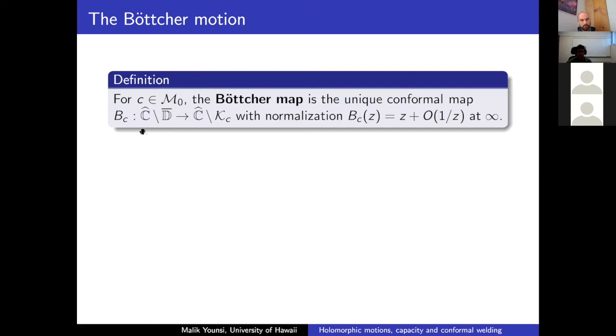And then there is a conformal map from the outside of the closed unit disk to the exterior of the Jordan curve, the complement of the filled Julia set. You can always find a conformal map with this normalization, and with this normalization, the map is unique. And it's called the Böttcher map for this quadratic, this parameter in the main component of the Mandelbrot set.